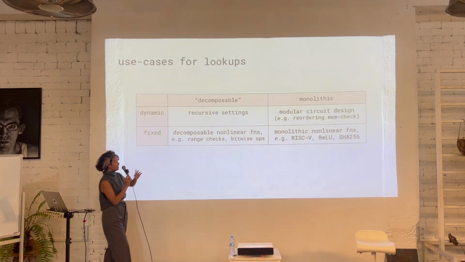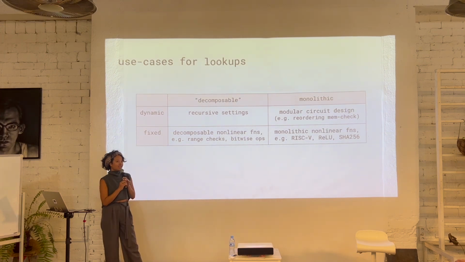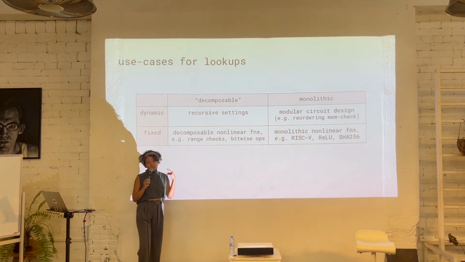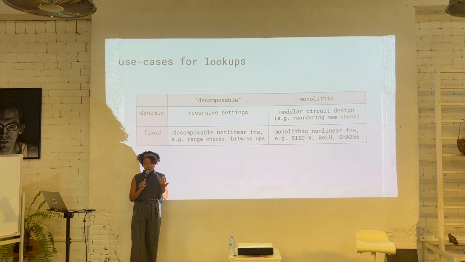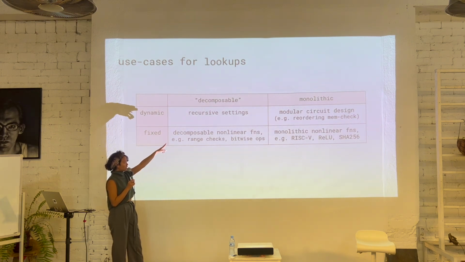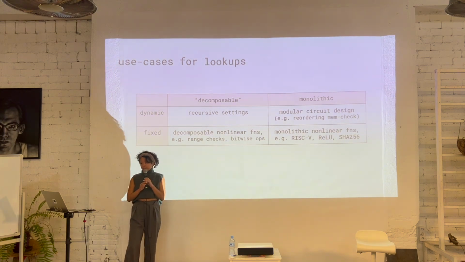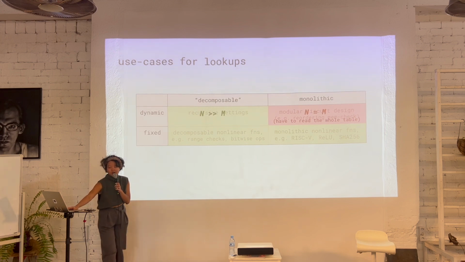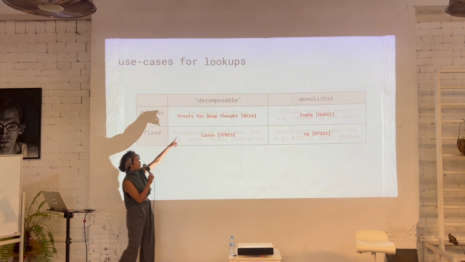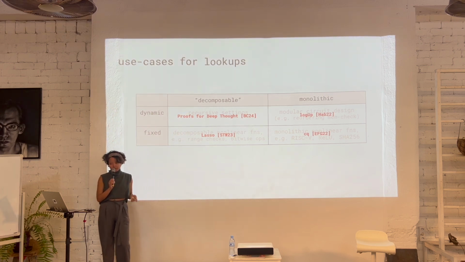And then this last quadrant is, I think, the newest one. Over here I'm using decomposable in a very imprecise way. If you've read the Lasso paper, they have a formal definition for decomposable. But over here, I just mean that it's a dynamic lookup that is split up across many recursive steps. This last quadrant was recently elaborated on in a paper called Proofs for Deep Thought.